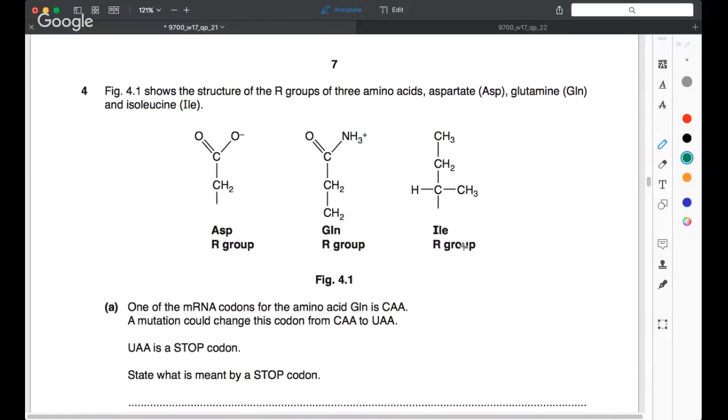The ASP and GLN R groups are both hydrophilic. So in globular proteins they'll be present on the outside in order to make the protein soluble in water. Good. And the ILE is hydrophobic.